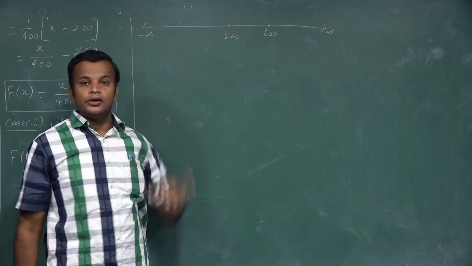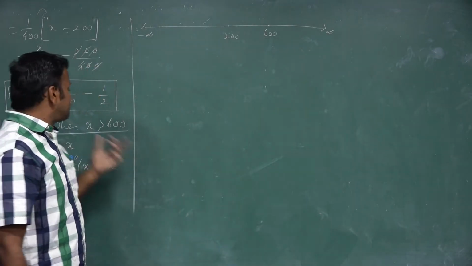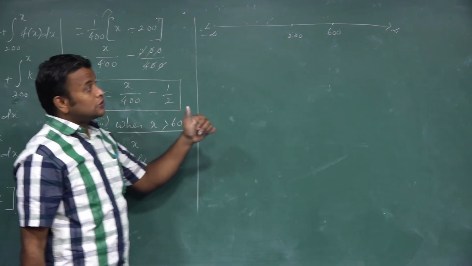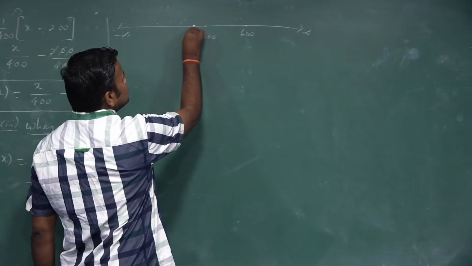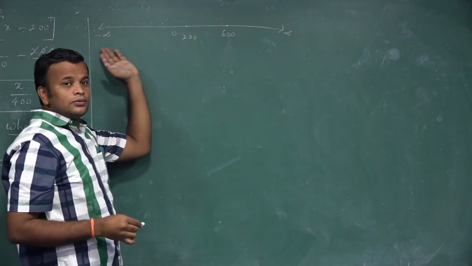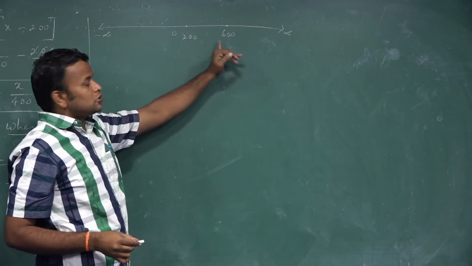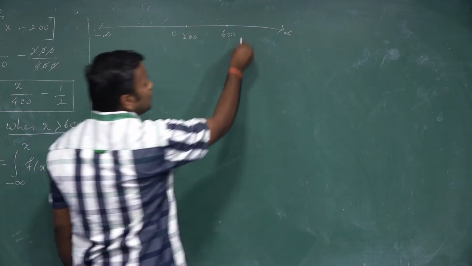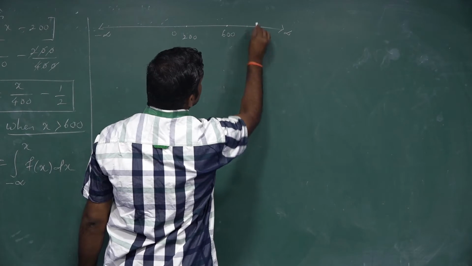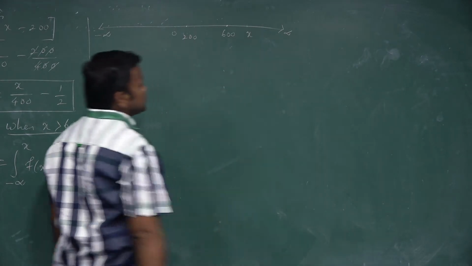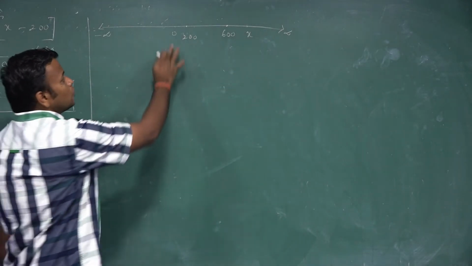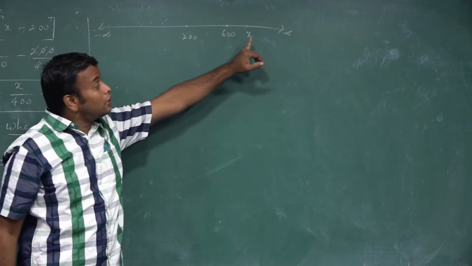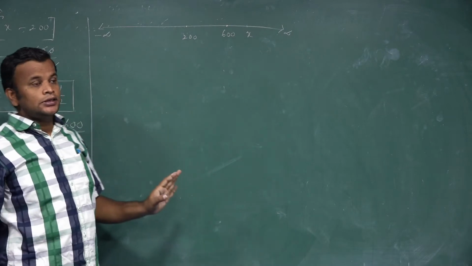Now we take the value of x more than 600, so it should be on the right hand side of 600. Here something is 0, a negative value, and some positive value. You don't get confused, so I will use 0, 200, 600, and then take x more than 600.